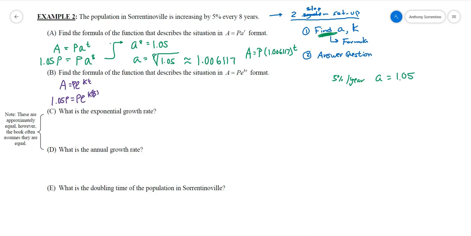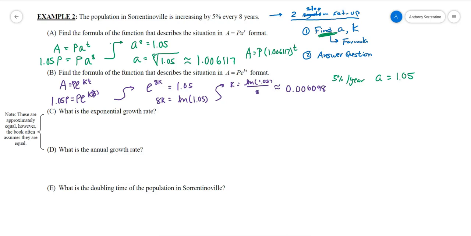And so what I basically have at this point, when I divide both sides by P again, is that I have e to the 8K equaling 1.05. And so to solve this for K, 8K is going to be the natural log of 1.05, which means that K is going to be the natural log of 1.05 divided by 8, which, for formula purposes, is approximately equal to 0.006098.